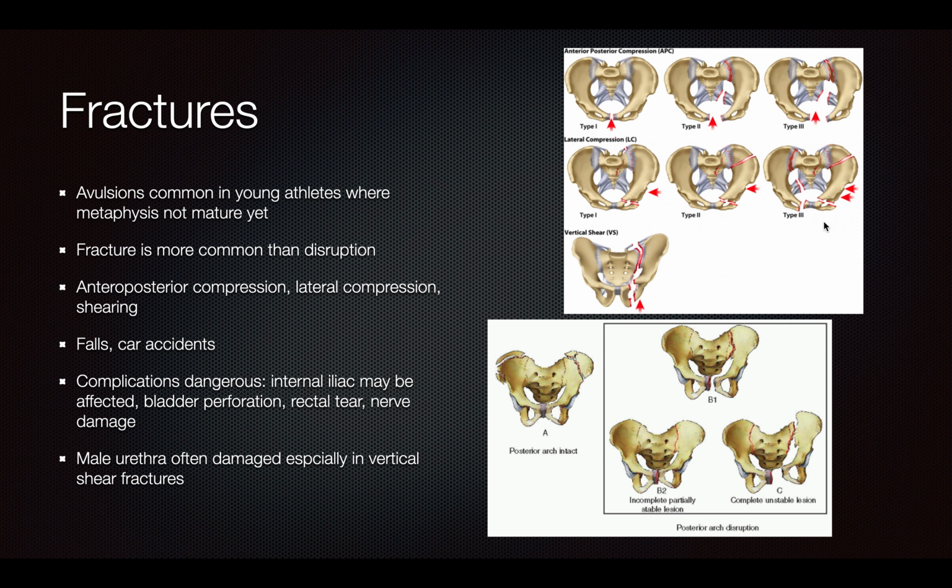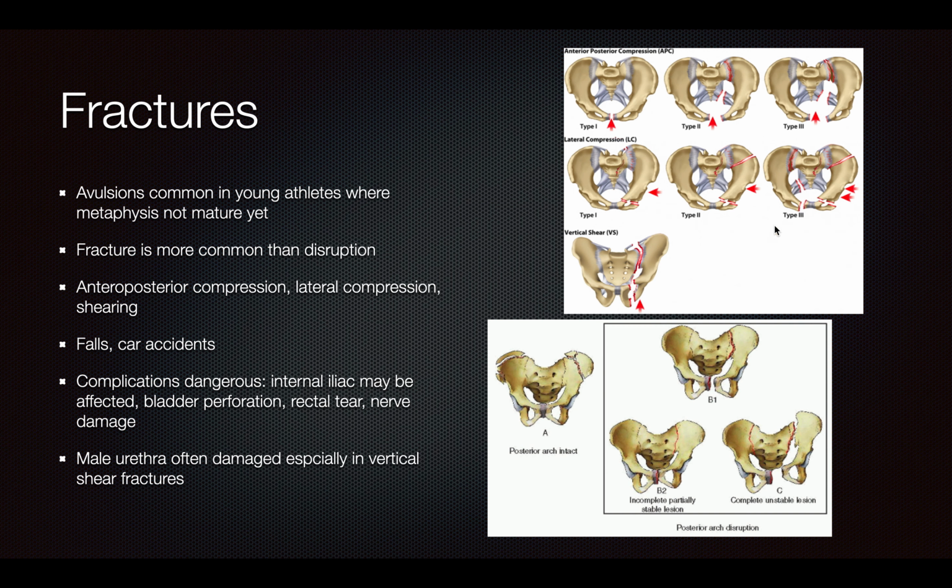Type 3 would be the worst of them all, clearly, because it's also affecting this side. Here the iliac crest is going to be broken, the ischium is going to be broken, the pubic symphysis is going to be disrupted, and then the sacrospinous or sacrotuberous ligaments are going to be torn.